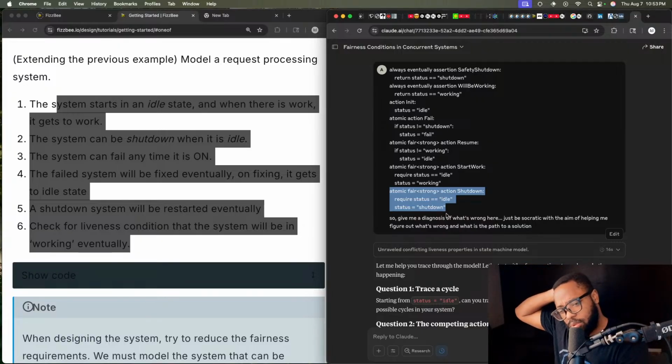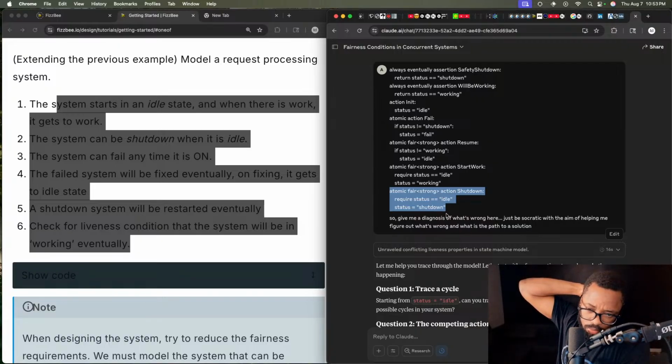And then you keep going in that loop. Idle, working, you can do idle, working, working, fail, fail, fail, fail, fail, fail. How many times you want. But then eventually you'll go to idle. And then you can just restart the cycle.